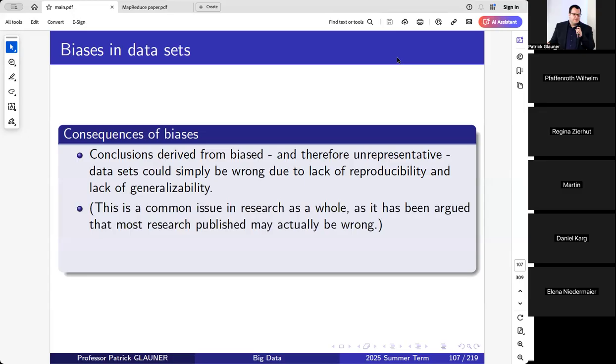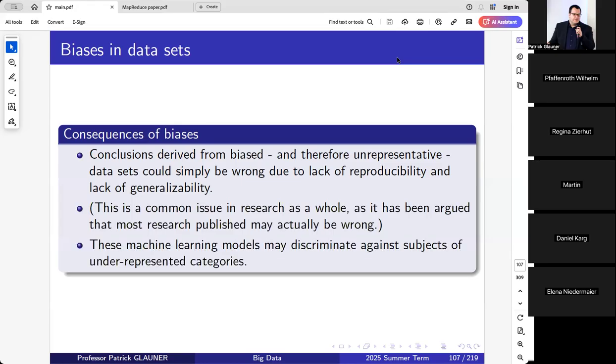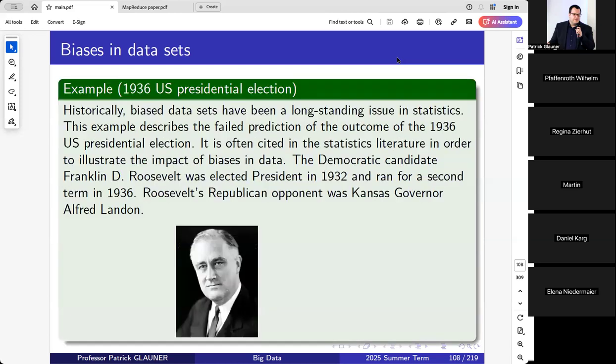There have been arguments that this is a common issue in all research around the world, in every field. There was once a paper claiming most research published in the world is actually wrong because of biases. But this is a highly contested topic. And in case of discrimination, what can happen is machine learning models learn a bias and then discriminate against underrepresented categories.